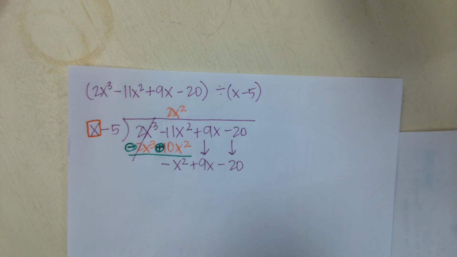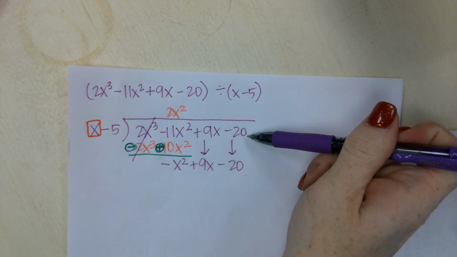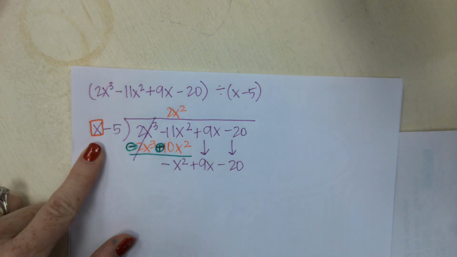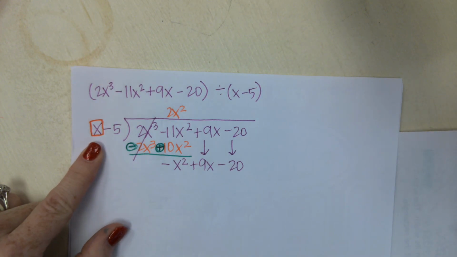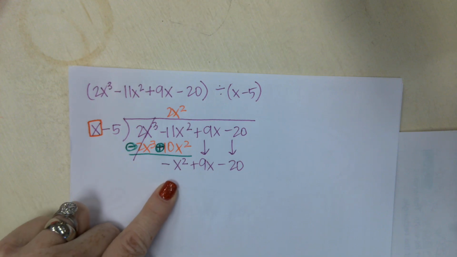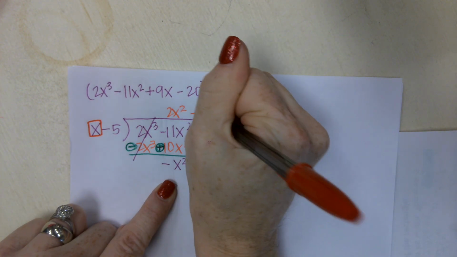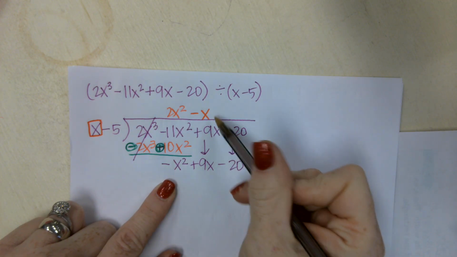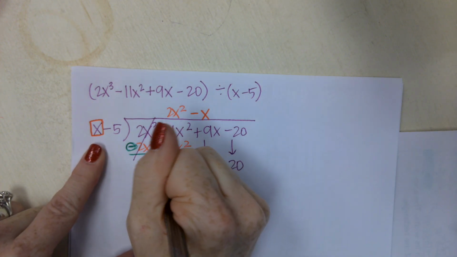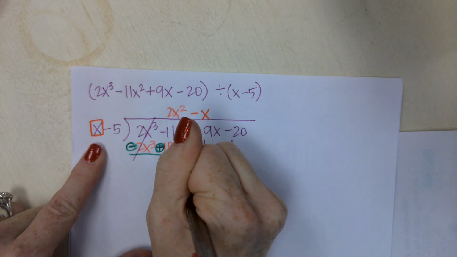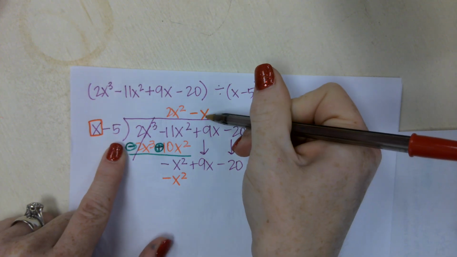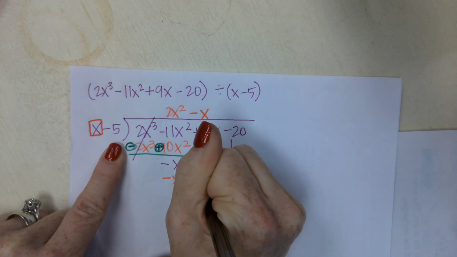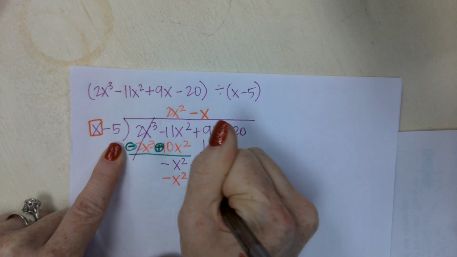You no longer care about your original dividend, okay? My question is, what do I multiply by x to give me negative x squared? Negative x. Negative x times positive x is negative x squared. And negative x times negative 5 is positive 5x.